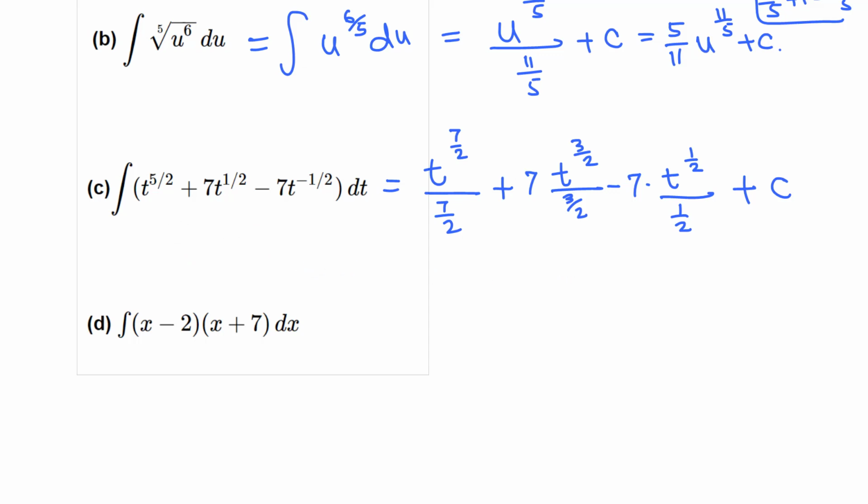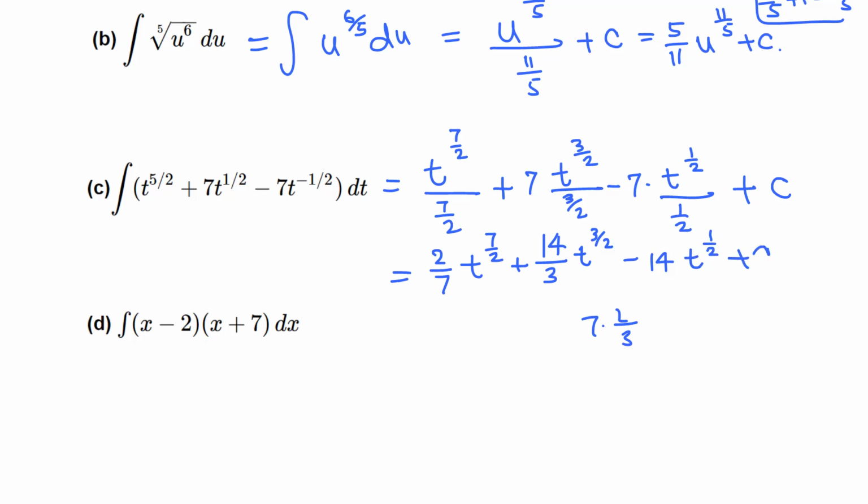This works, but the best answer is: 2 over 7 over 2, because with keep, change, flip, this becomes 2 over 7 in front. 7/2 plus 7 times this becomes 2/3. 7 times 2 thirds is 14 thirds, t raised to 3 halves, minus 7 times 2 over 1, which is 14 over 1, and we have t raised to 1 half, that is the square root of t, or you can just write t raised to 1 half, same thing, plus constant.